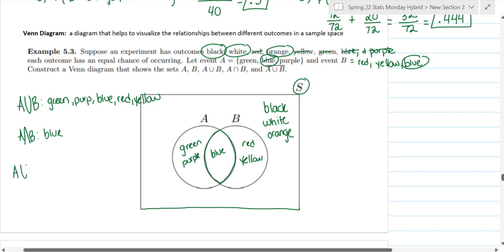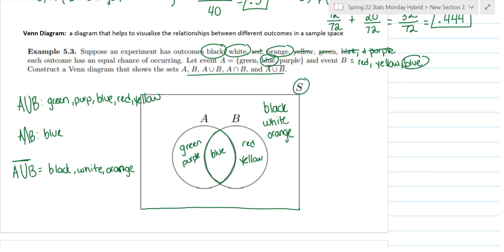And then A union B complement is what is not in the circles. So that's this black, white, and orange. It's really easy to do these questions once this is drawn out, because you can see where everything is.